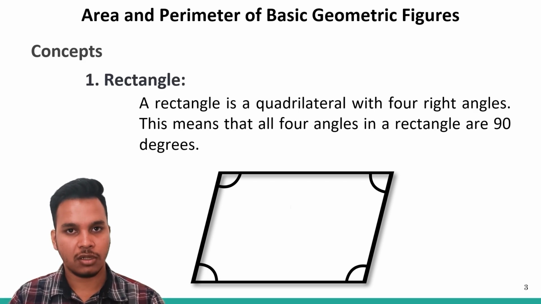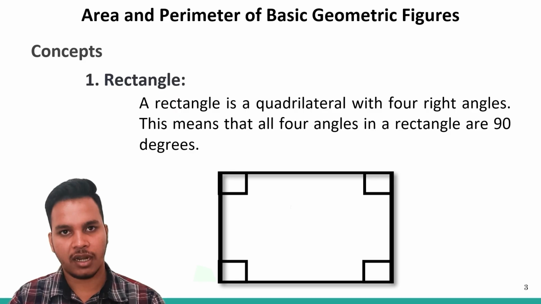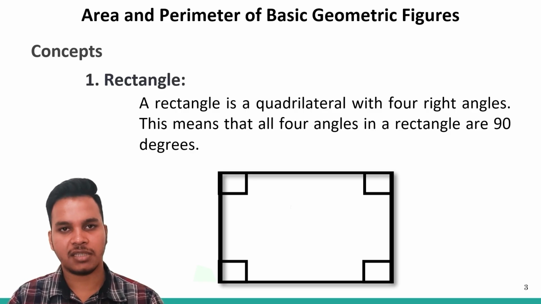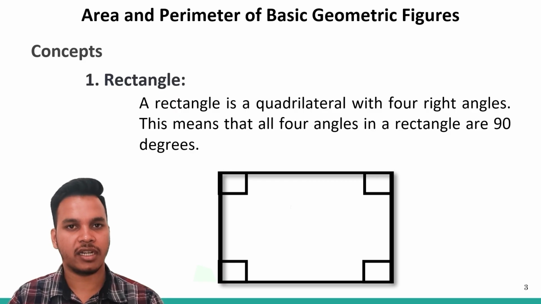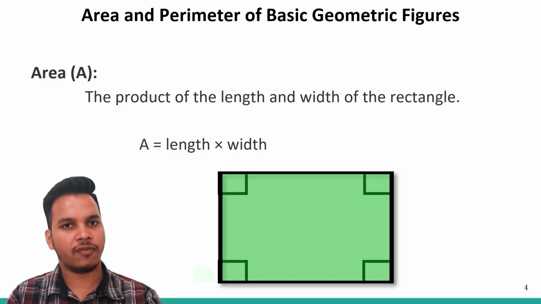So we fix 2 opposite corners at 90 degrees, and then what we get is a rectangle. When all 4 corners have angles of 90 degrees, we call this a rectangle.